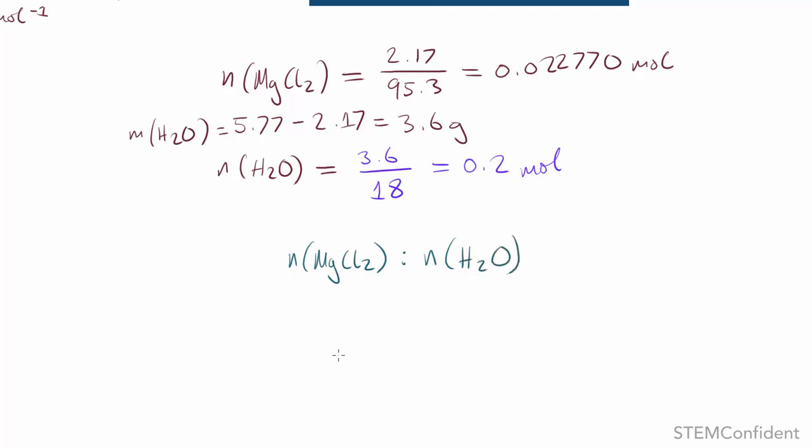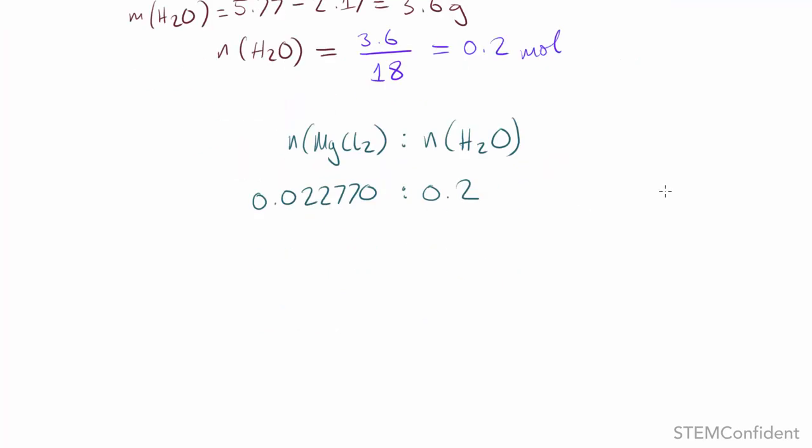In the MgCl₂ case, you've got 0.022770, and on the other side you've got 0.2.